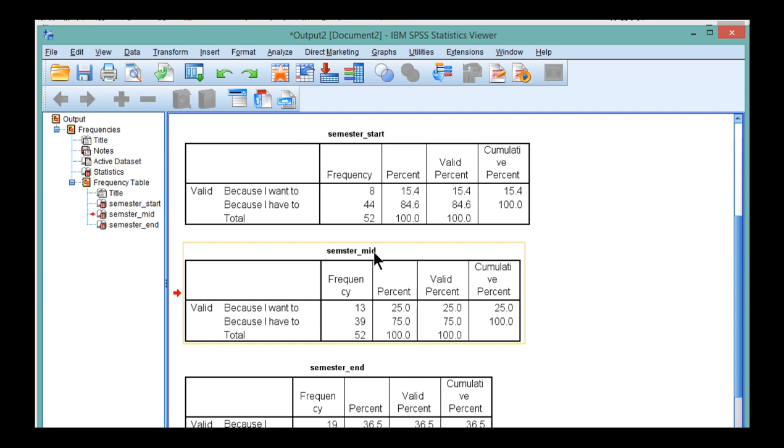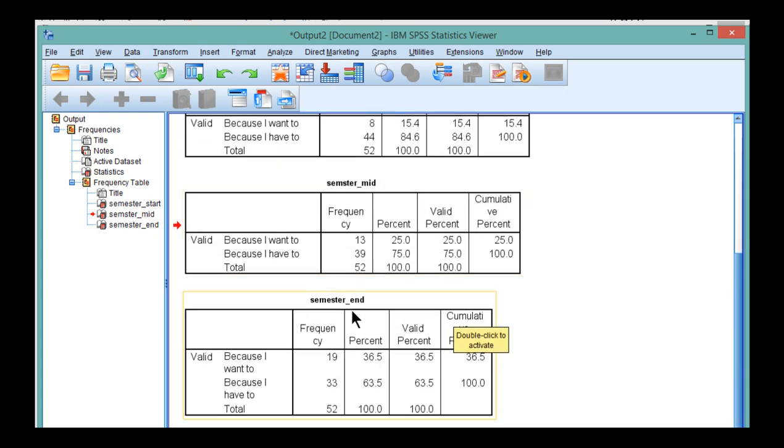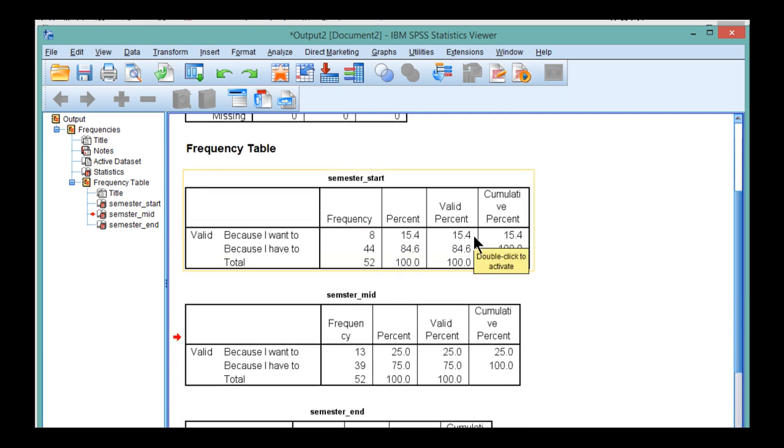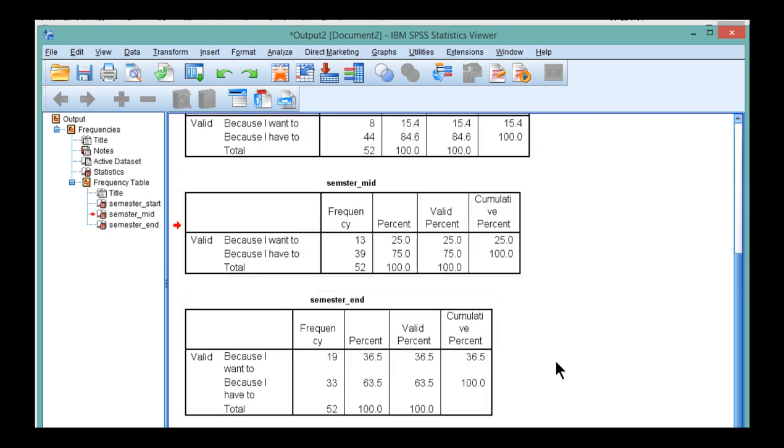However, by mid-semester, the percentage of students who were taking the unit because they wanted to increased to 25%, and then by the end of the semester, the percentage who were taking the stats unit because they wanted to increased to 36.5%. So it started off at 15.4 and increased to 36.5.